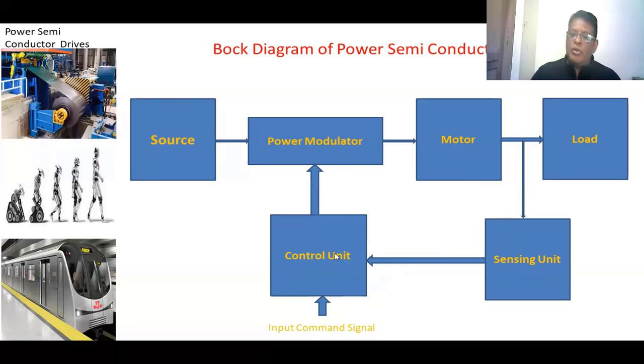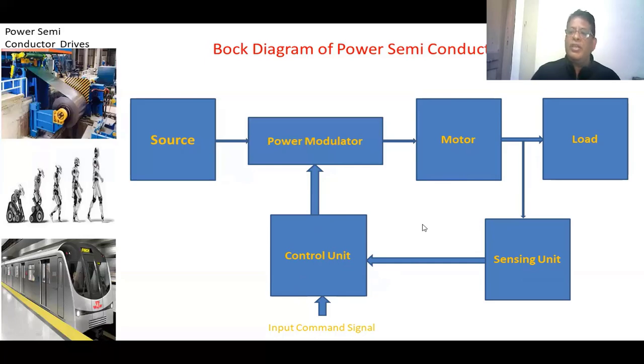Based upon these two, it gives a command to the power modular about the speed at which the motor has to run as well as the mode in which it has to operate. Along with this, the control unit also gives commands for protecting the motor as well as the source. This is the block diagram of the power semiconductor drive.